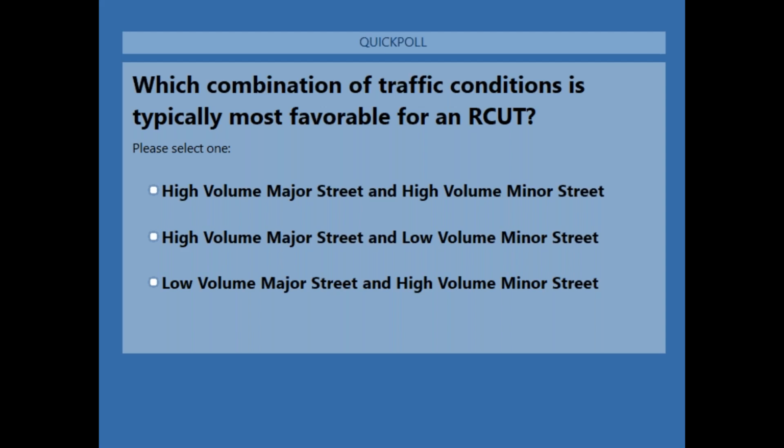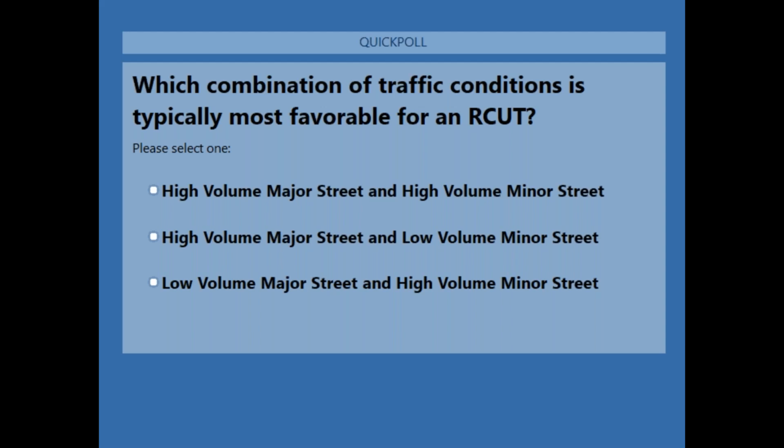Okay, so first question came in from Richard: how do the R-CUTs compare to a Michigan U-turn? Great question, Richard. Yes, there's a lot of similarities. The Michigan U-turn, which also has other names, a median U-turn or a through turn type intersection, is a similar concept.